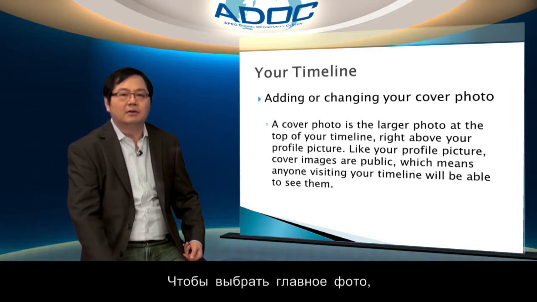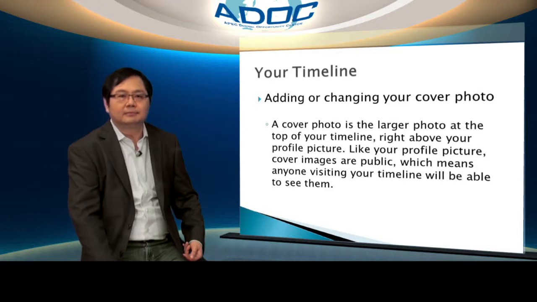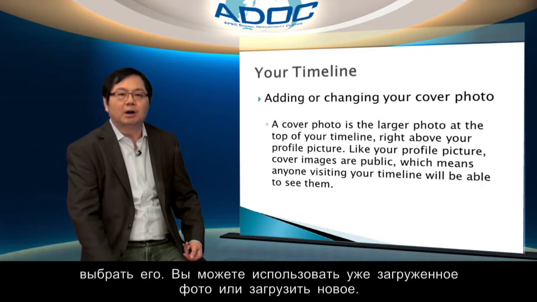To add a cover photo to your timeline, you need to go to your timeline. Click Add a cover. Choose whether you want to upload a new photo or pick a photo from one of your existing photo albums.